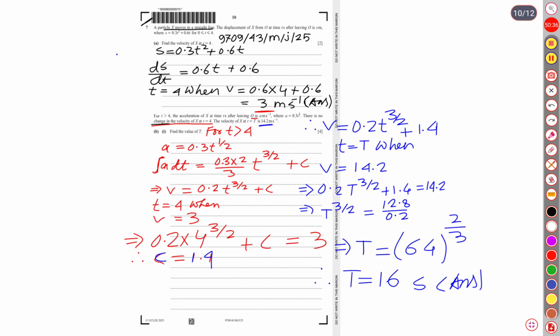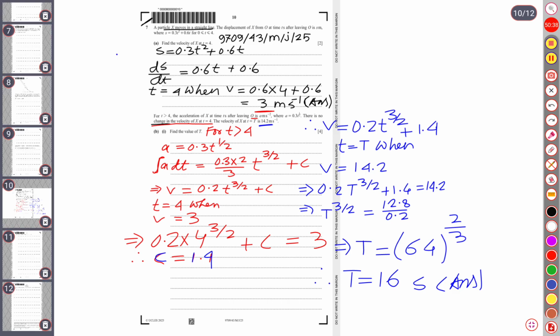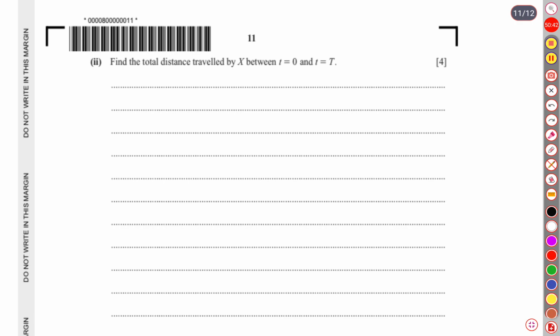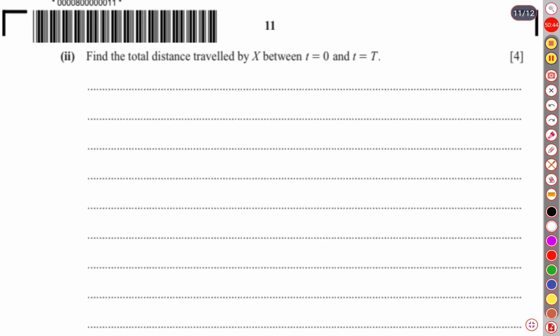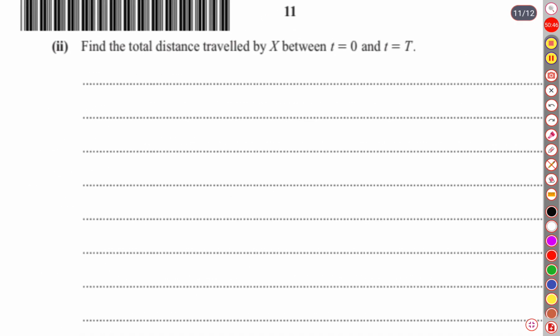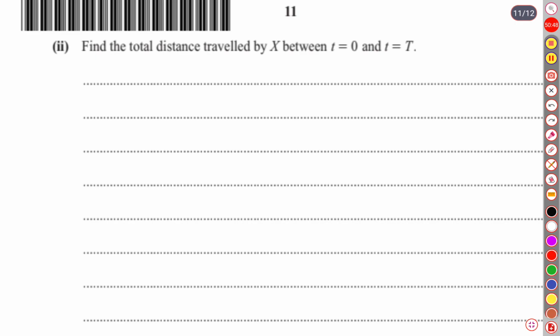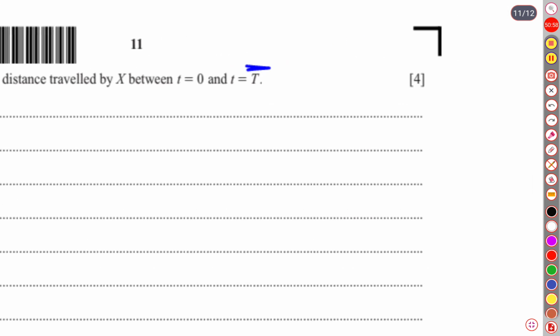Let's see what the next one says. The next question is over here, which says to find the total distance traveled by x between t equal to 0 and t equal to uppercase T, which is 16. Before we find the distance, let's draw the nature of the curve.